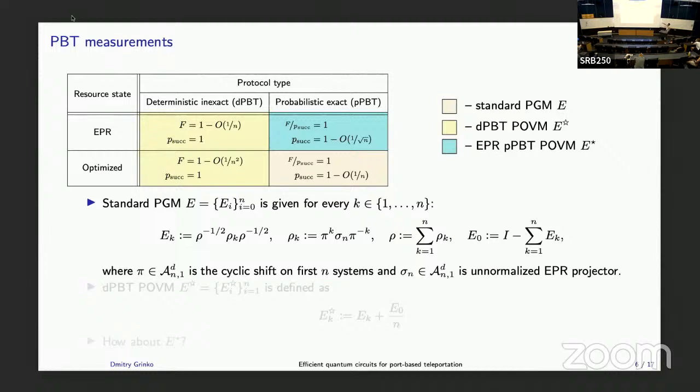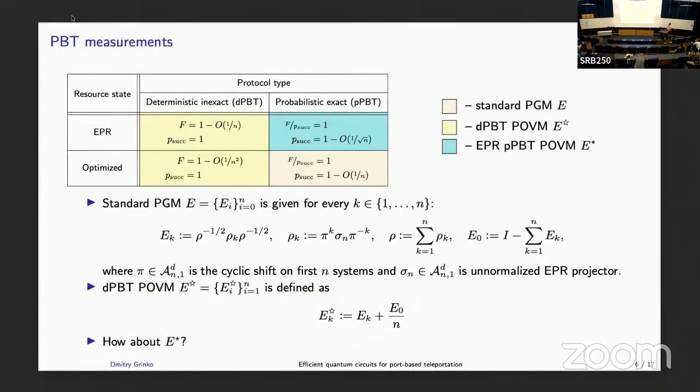This pi is a cyclic shift operator, and this sigma_n is my notation for a normalized projector on the EPR pair between the n and n+1 systems. It turns out that the optimal measurement for deterministic port-based teleportation using the standard PGM can also be written like this. So you evenly distribute this failure outcome E_0 among the non-failure outcomes in the deterministic version.